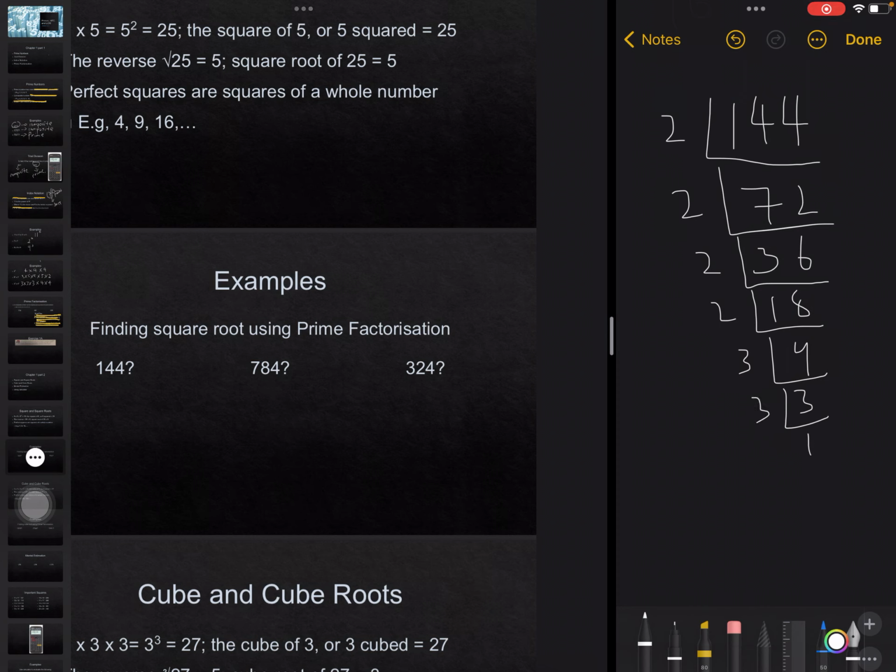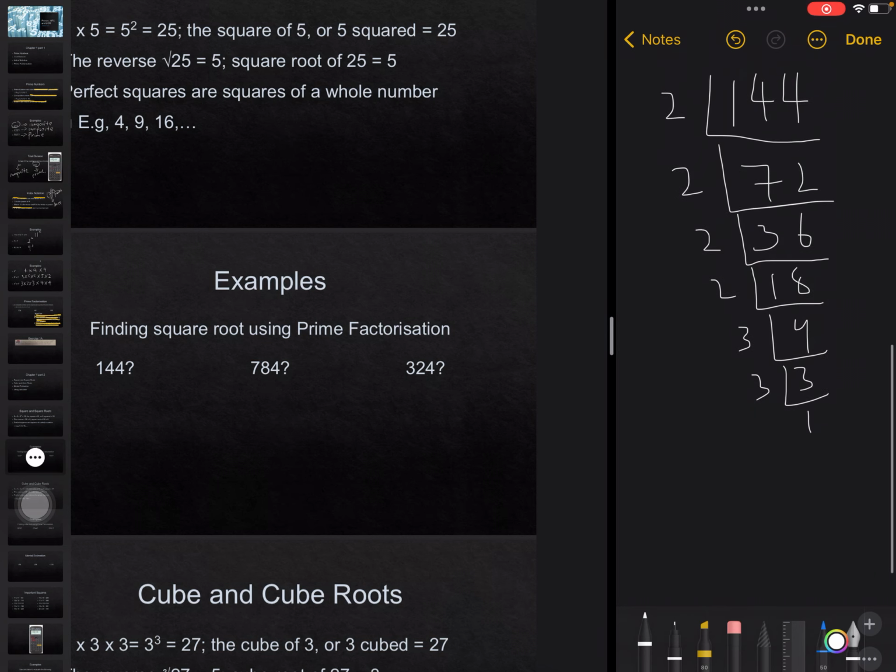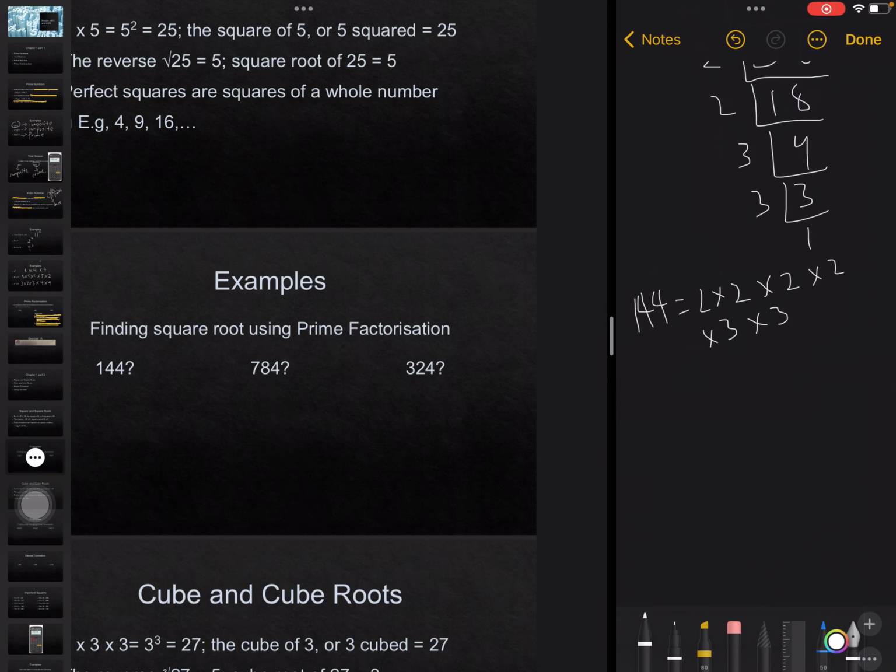Okay, so we rewrite this into its prime factorization. 144 equals 2 times 2 times 2 times 2 times 3 times 3. From here we can group them together: 2 times 2 gives you 4, 2 times 2 gives you 4, times 3 times 3.